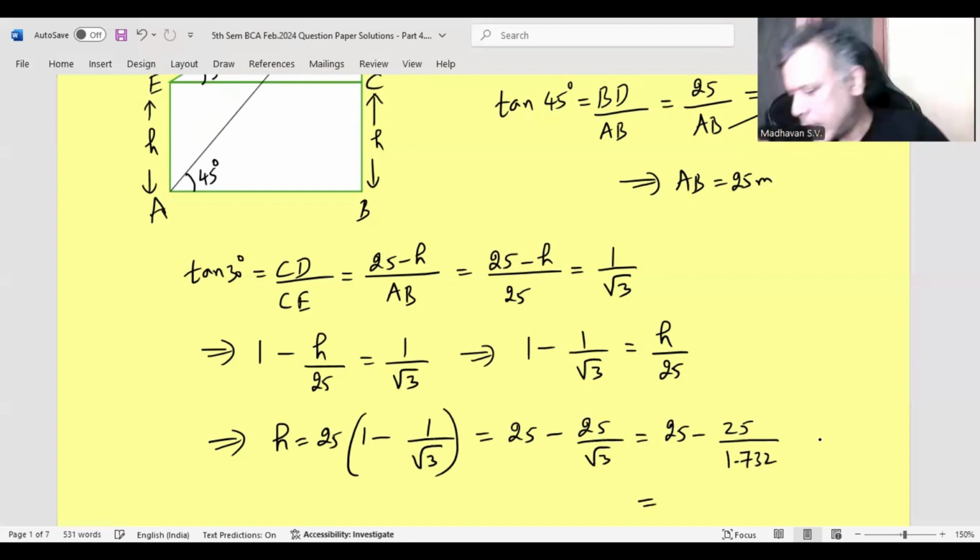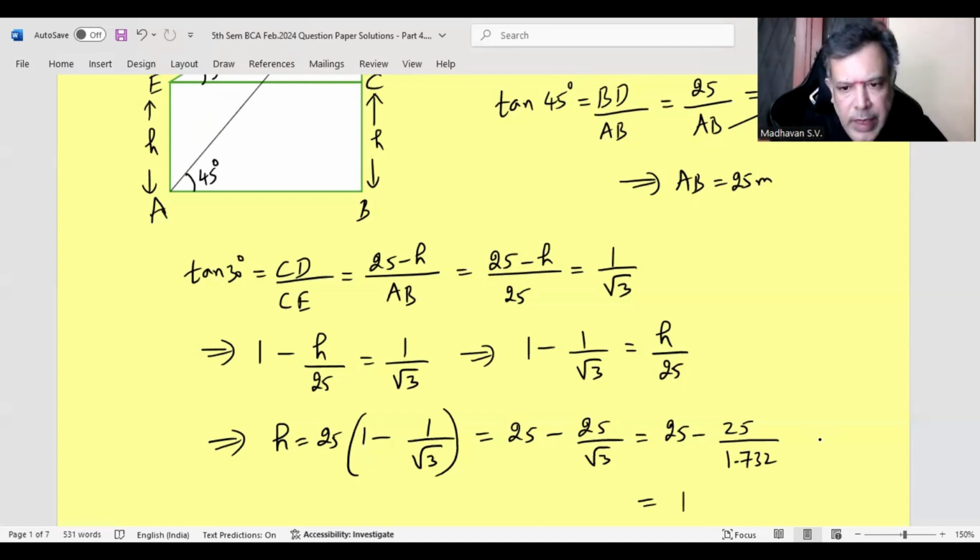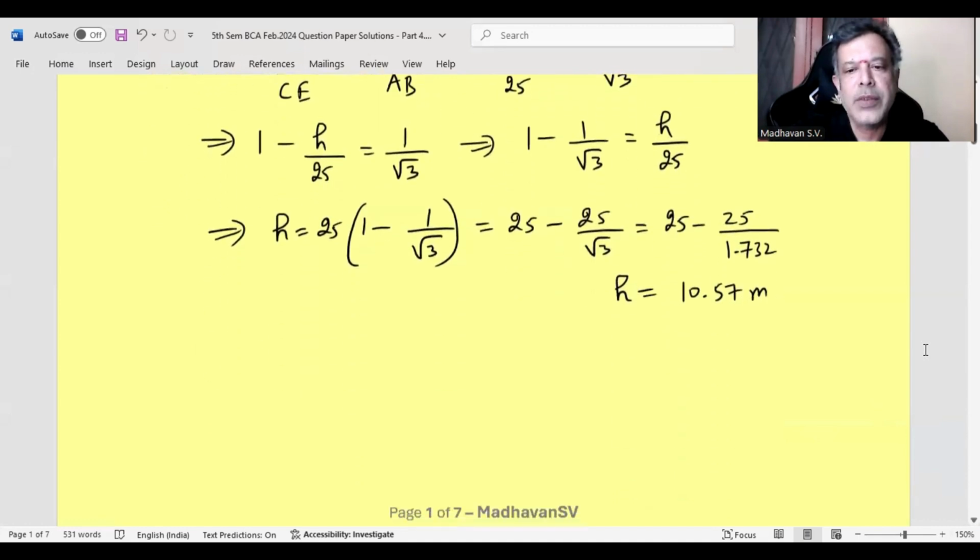Let us calculate that. We get 10.57 meter as the height of the electric pole. So that is the solution for this. Let us move on to the next.